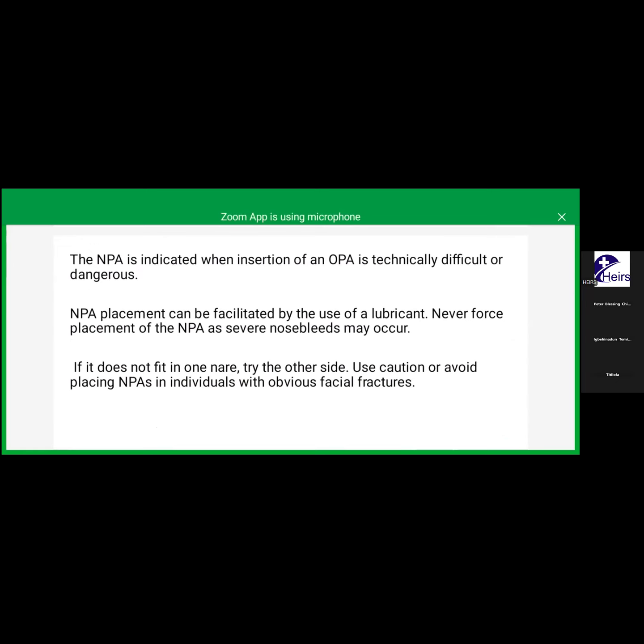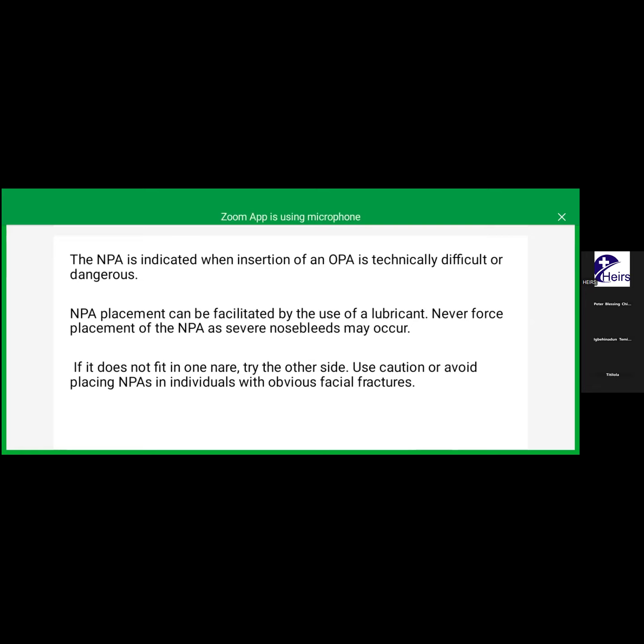So the difference between inserting the nasopharyngeal airway and the oropharyngeal airway is that in the oropharyngeal airway, we do not need a lubricant. We do not need to lubricate the device.